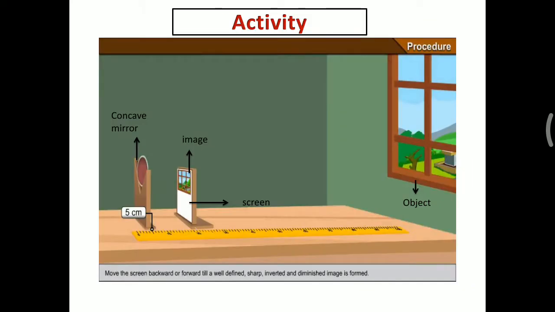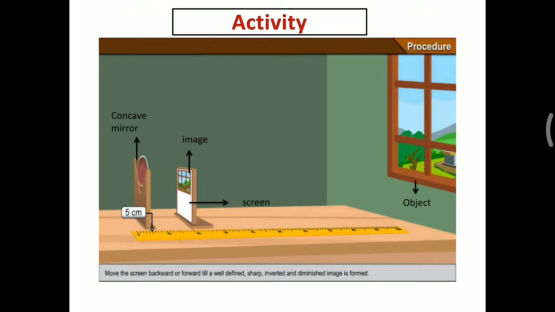So look at this diagram. Here I took a concave mirror and I kept this concave mirror on a mirror stand. I just focused a long-distance object. That object's image was formed on the screen.